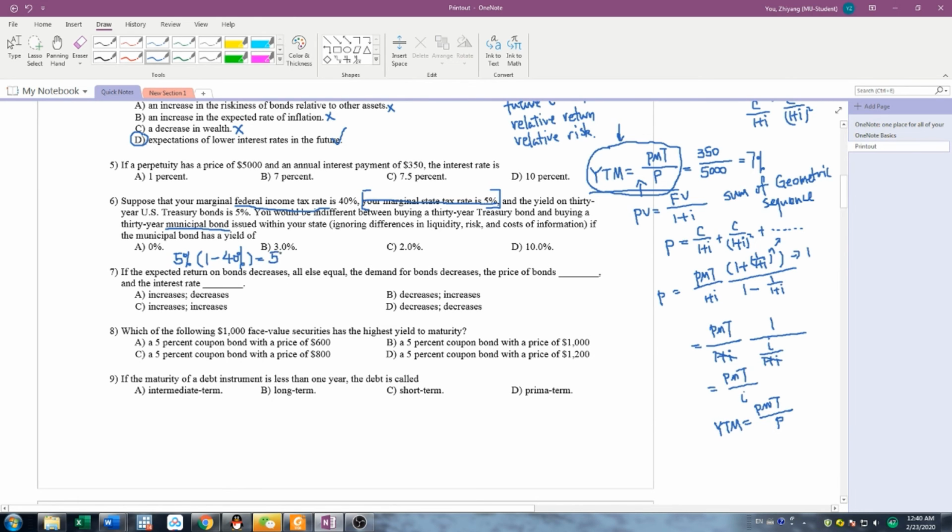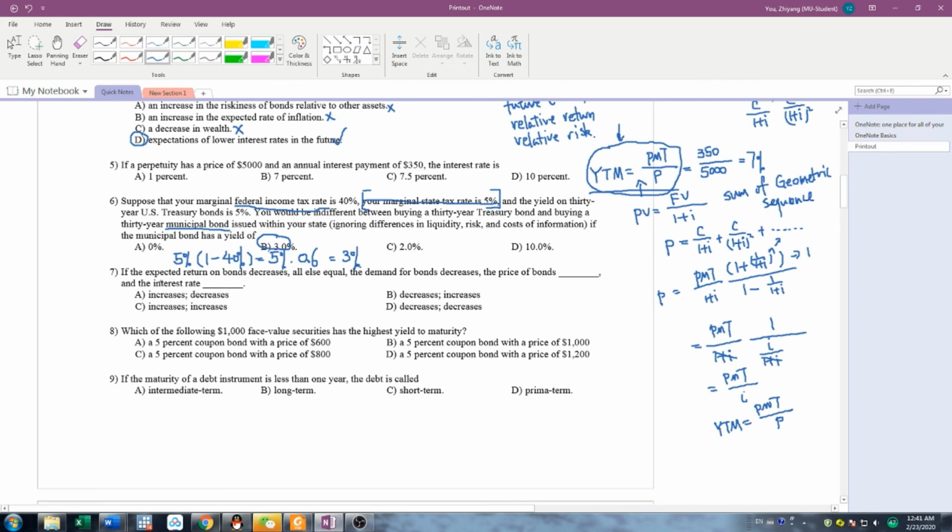So it becomes 5% times 0.6, which gives me 3%. Okay, so if a municipal bond pays me 3%, which is B, then I'm totally indifferent between buying my federal bond or buying the municipal bond.